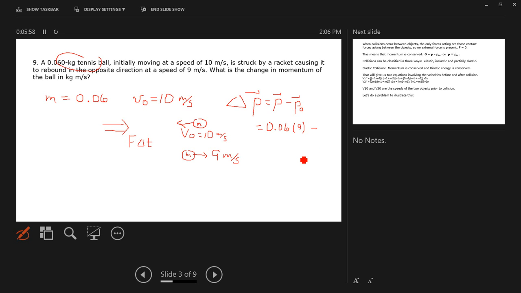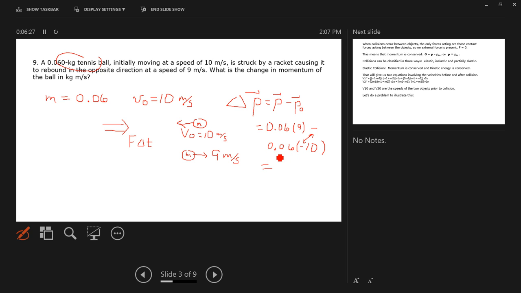Minus the original momentum. The original momentum is the mass of 0.06 times the original velocity. What's the original velocity? Well, it's minus 10, isn't it? Because it's pointing to the left. So that minus sign there and that one there cancel each other out and give us a positive.